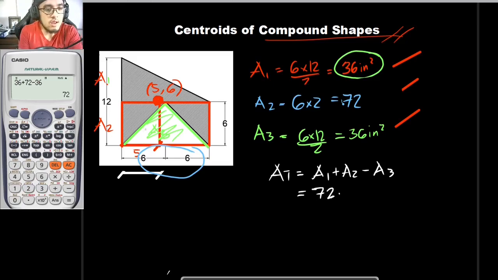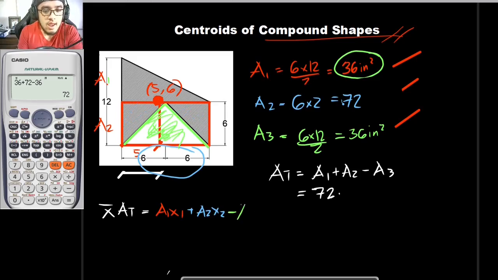And for us to get the centroid of this, so for bar x muna tayo, no? Bar x times area total is equal to area 1 x1 plus area 2 x2, which is the area of this whole rectangle right here, times the centroid of that rectangle. Then we would be subtracting this triangle right here.